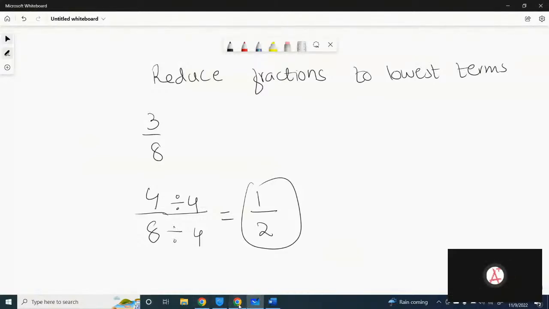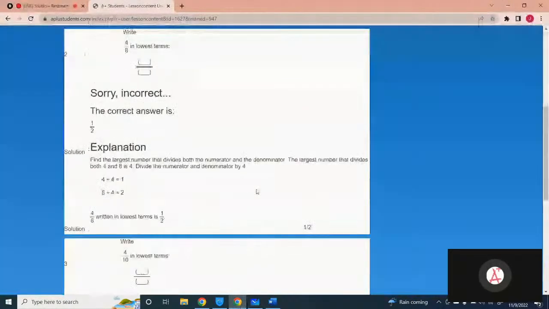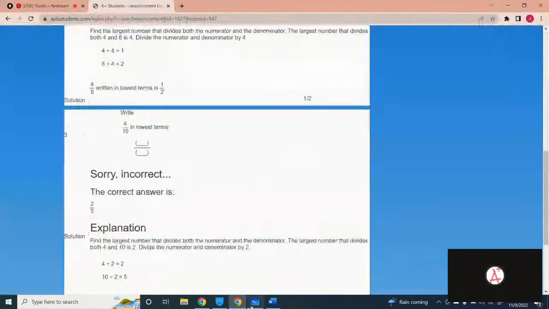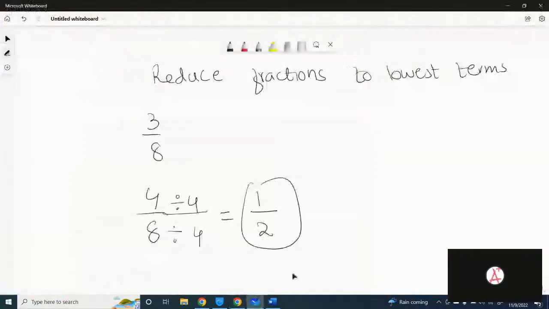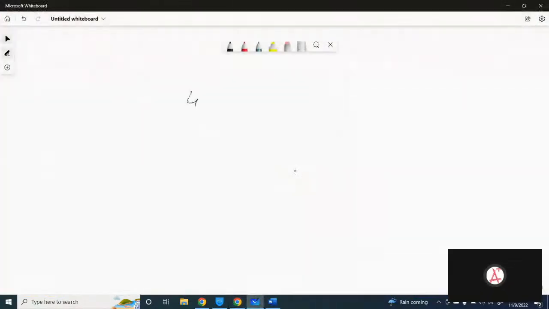Okay, let's start with another example. The next example is 4 over 10. Which is the highest common number that can divide both numerator and denominator?